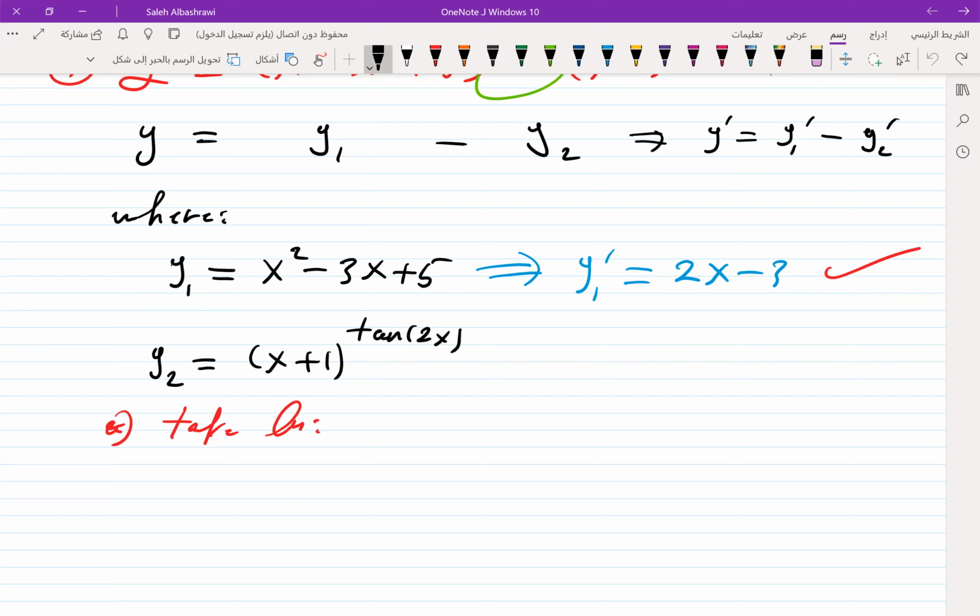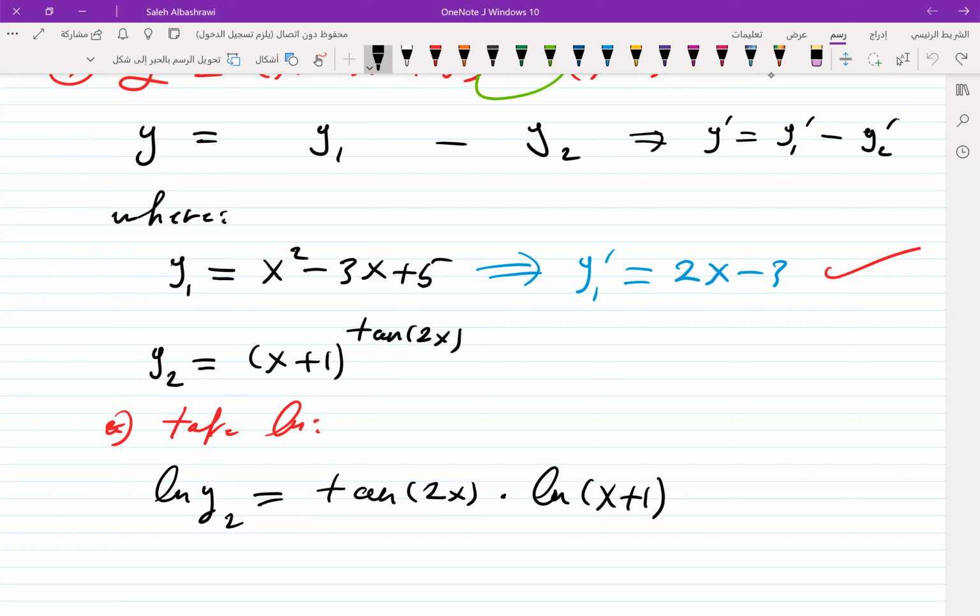So ln of y2 will be, since this is a power, I can write it down directly as tangent of 2x multiplied by ln of x plus 1.